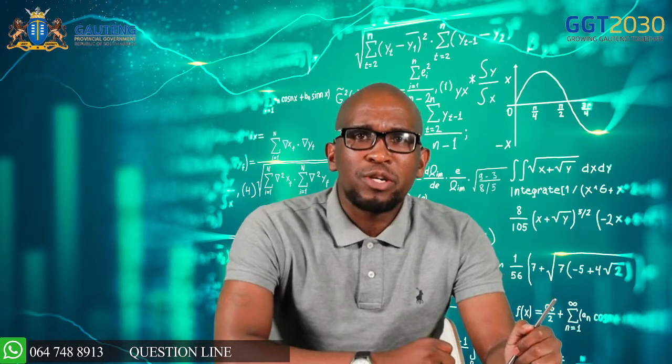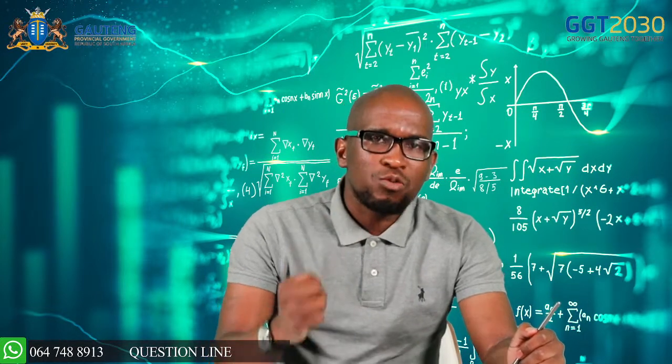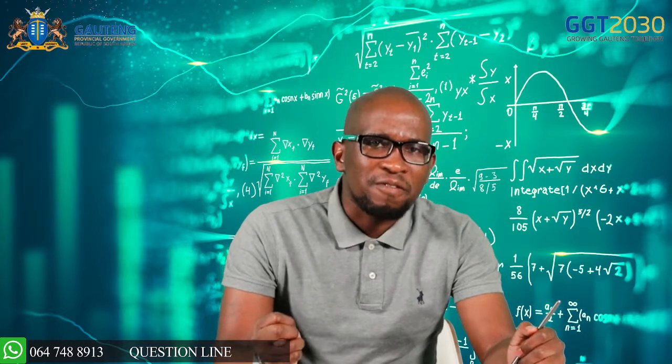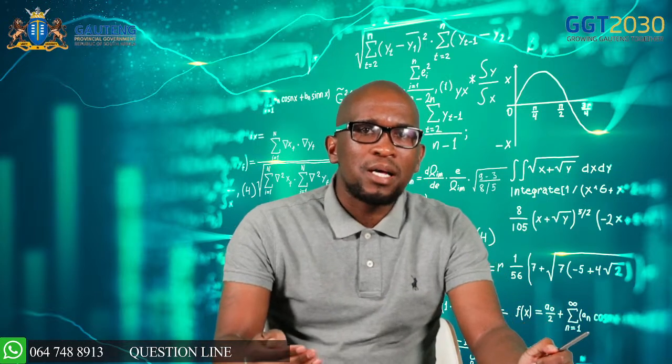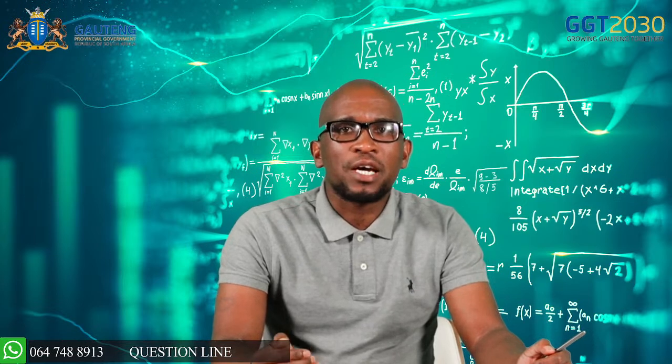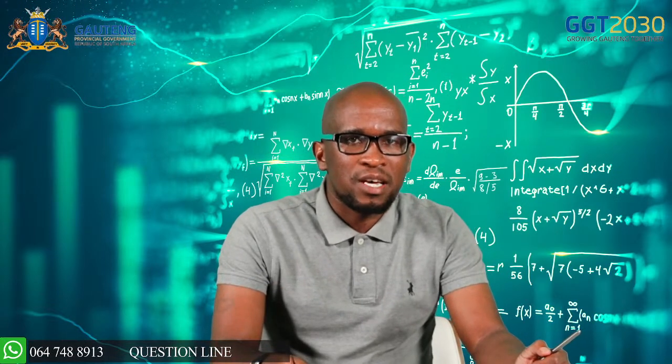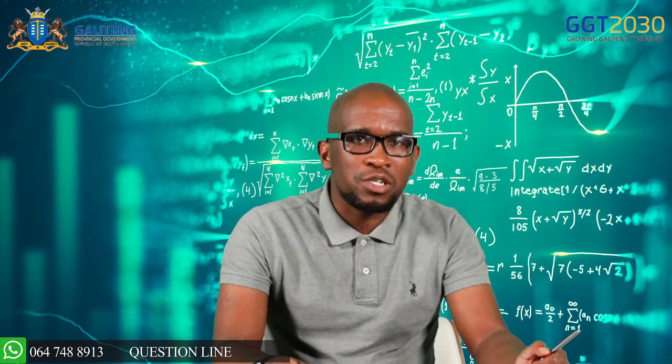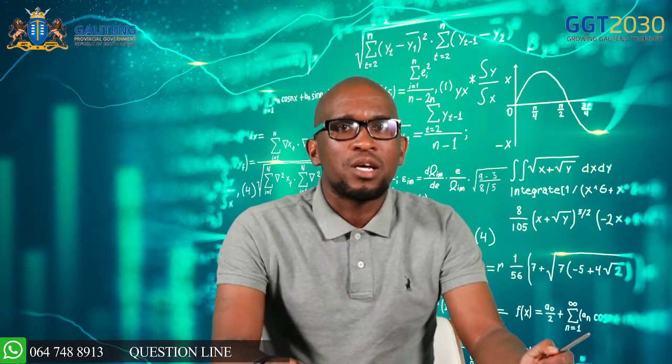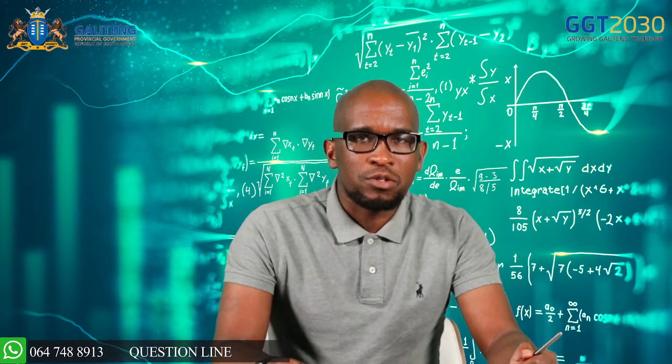Today we will be looking at part 1 of our revision for paper 1. Remember, the past 2 weeks we looked at a preparatory exam review where we reviewed paper 1 and then also reviewed paper 2.